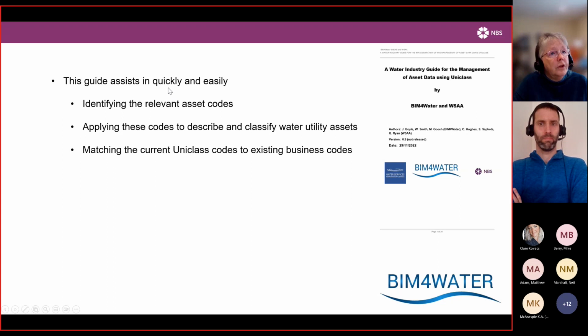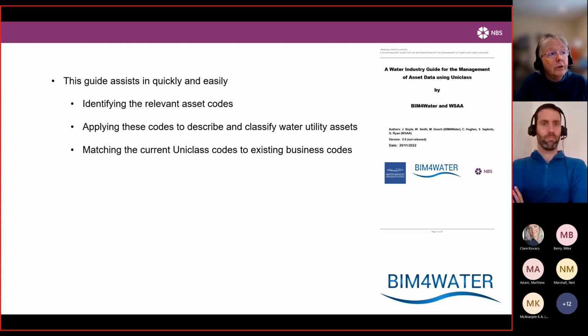It does give you help and guidance on how to select appropriate codes and apply them to your particular assets, and it also gives some advice about the fact that within your system you will have an asset register, and there is no necessity or requirement to throw that out and replace it all with Uniclass codes.